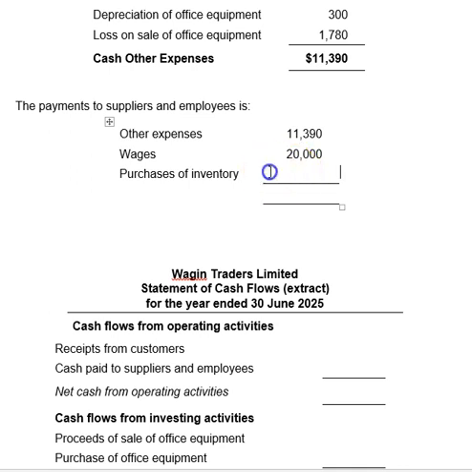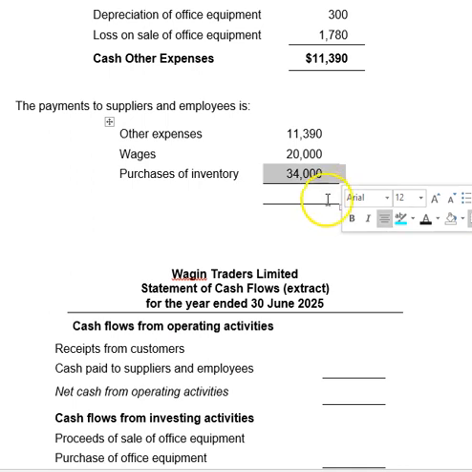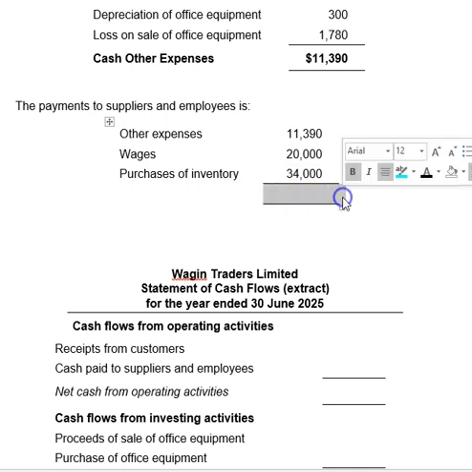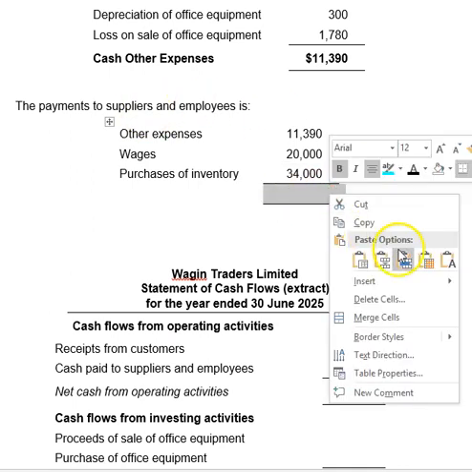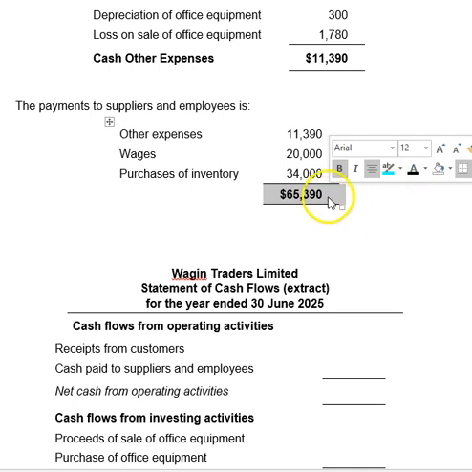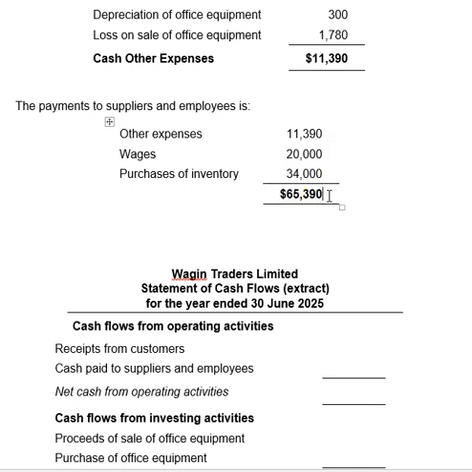So altogether you have paid 34,000 for inventory, and your total payment to suppliers and employees will be 65,390. So under your operating activities, your cash paid to suppliers and employees will be 65,390, and don't forget the negative sign because this is a cash outflow.